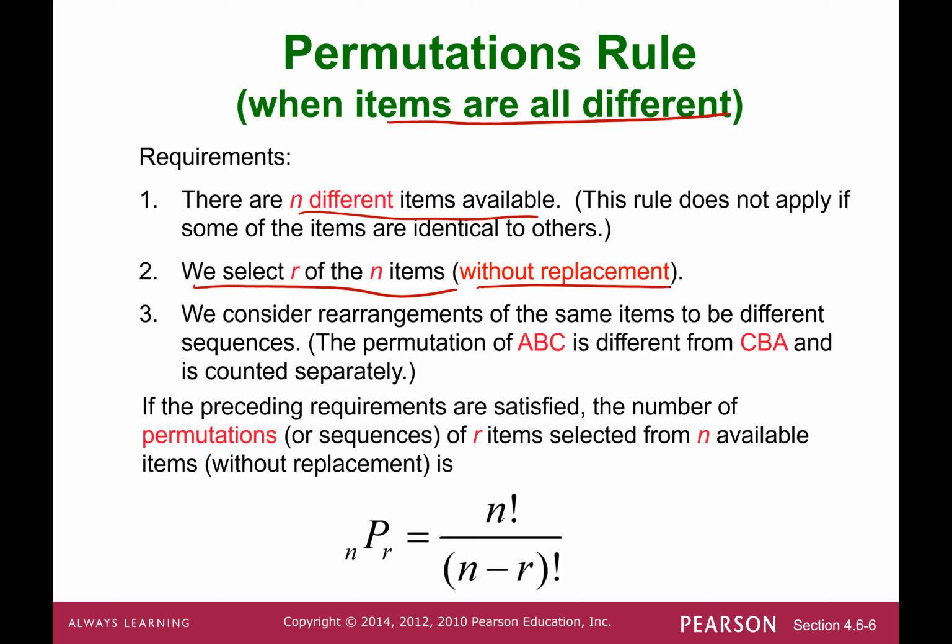And then also we consider arrangements of the same items to be different sequences. Permutation of ABC is different from CBA, so it's counted separately. Meaning we rearrange those items when we put them in sequential order. So put into simple language, it is picking r items out of a total of n items, and then the order matters.